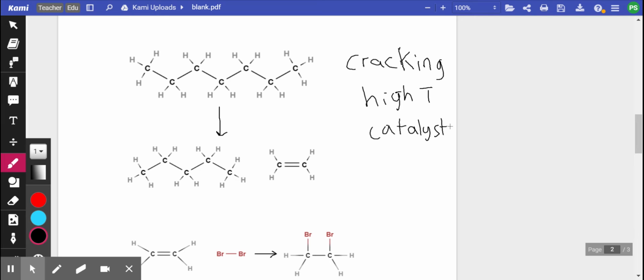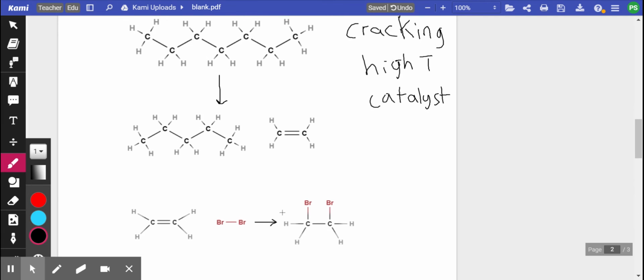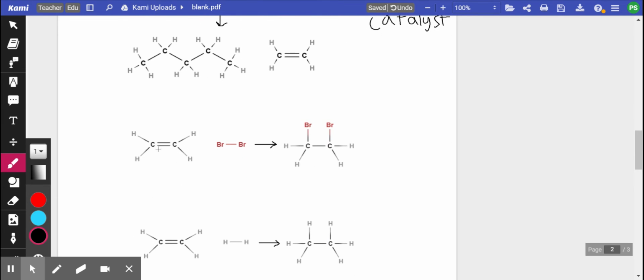Once we have alkenes, they are quite reactive because of this double bond. There are 4 electrons between the carbons, and this double bond tends to break in order to react with other molecules. For example, ethene can react with bromine.